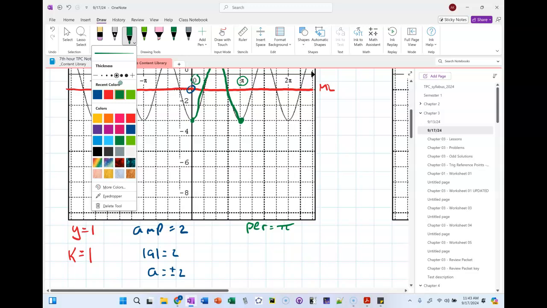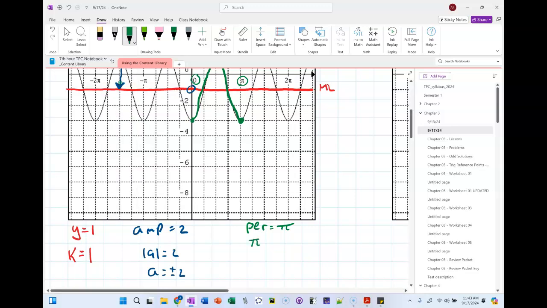C, right? And that tells me that the period, pi, is equal to 2 pi over the absolute value of C, right? So what does the absolute value of C have to equal? So you're dividing both sides by 2 pi, right?